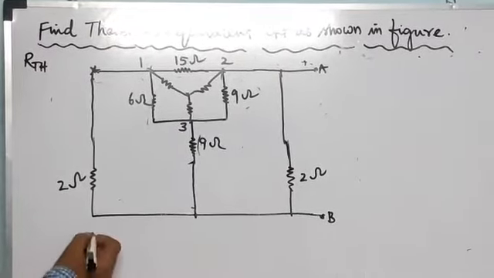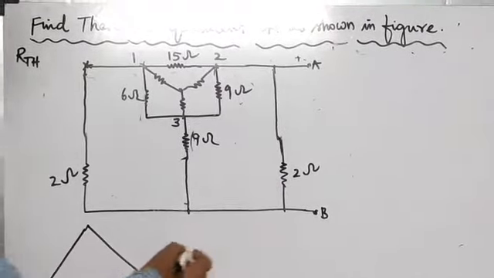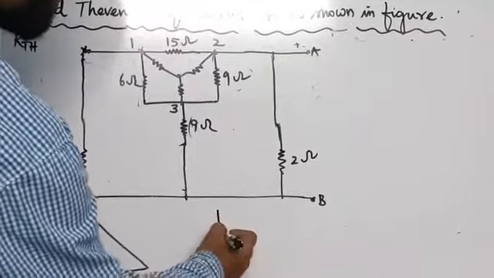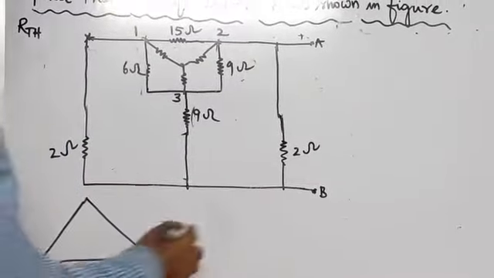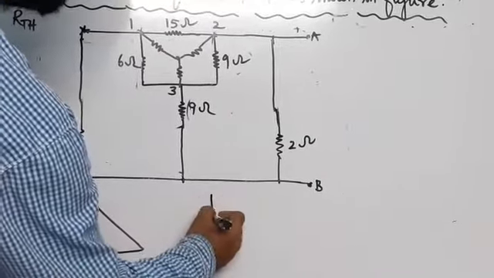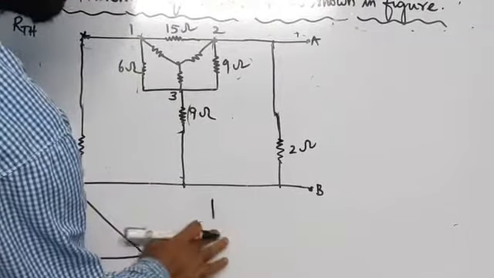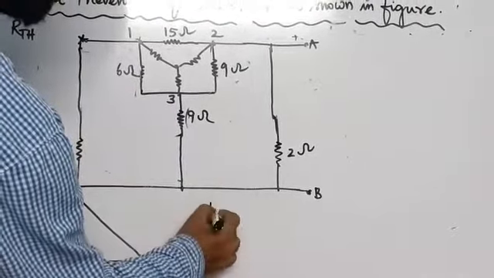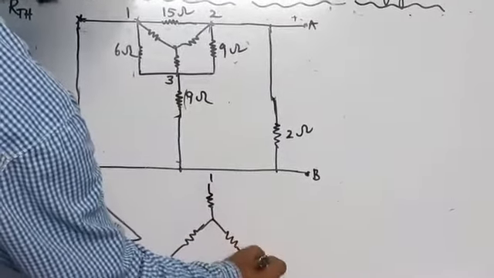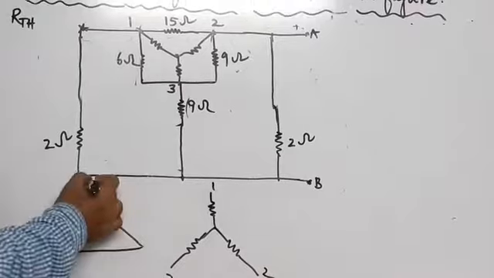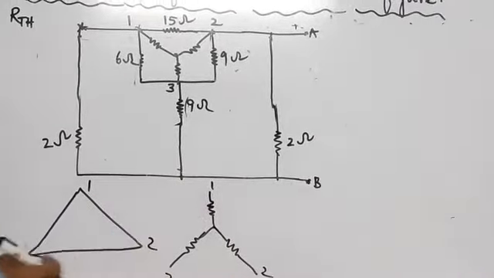How to convert these delta values into star? Do it like this. This is 1, 2, 3: 1 to 1, 2 to 2, 3 to 3.